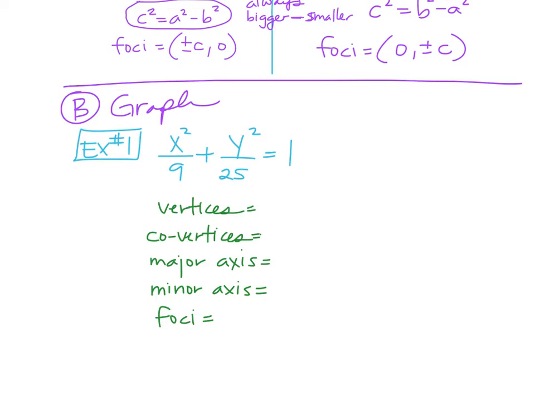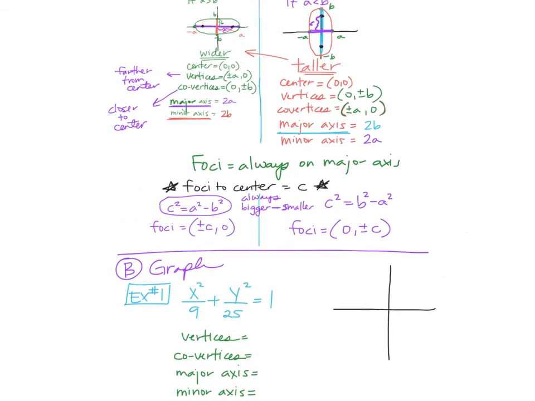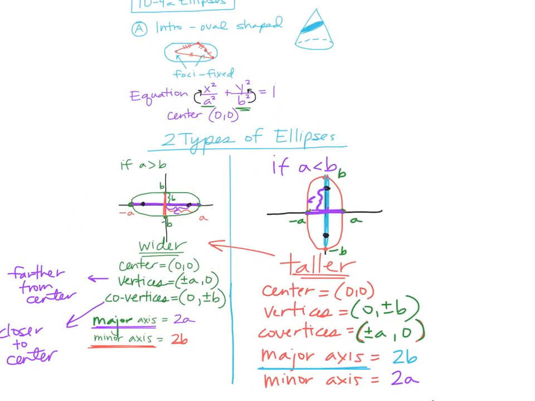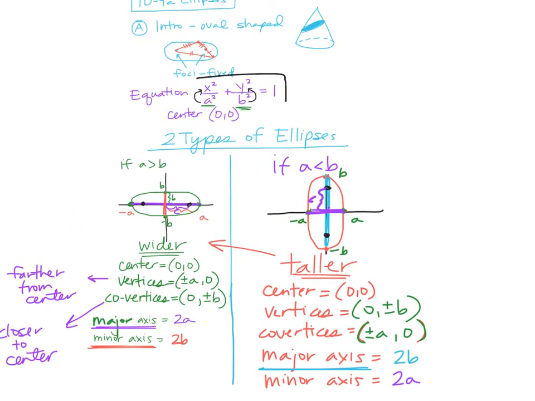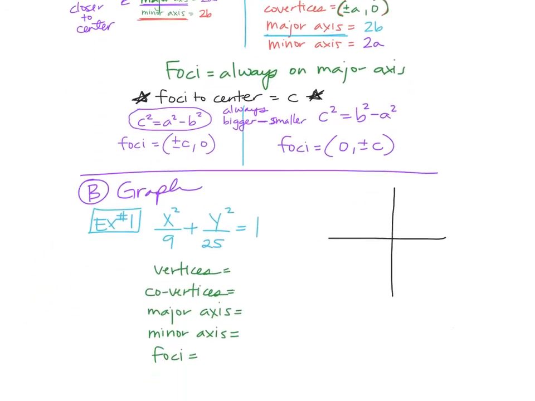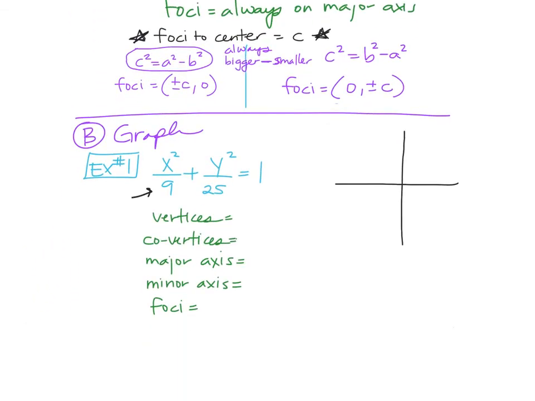Okay, so if we're going to graph this, we're going to start with this. What you need to remember, if you look back to your formula up here, it's x squared over a squared plus y squared over b squared, right? So that means this is a squared, and that means this is b squared.